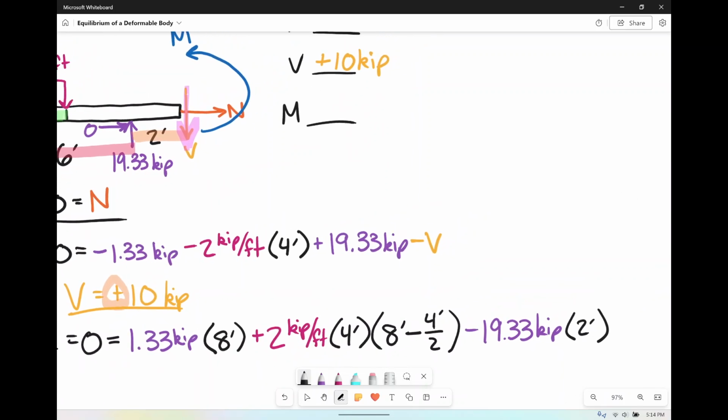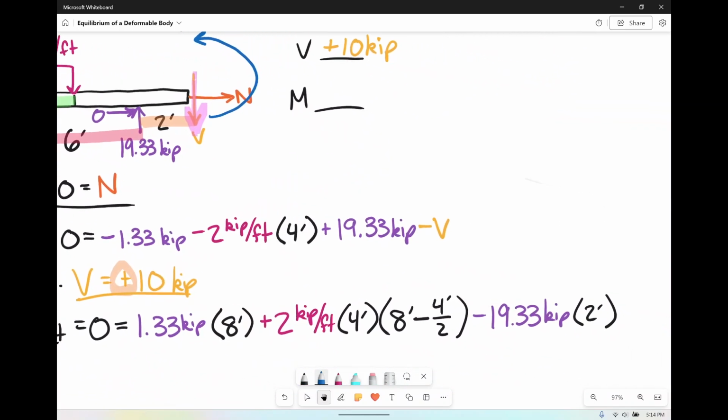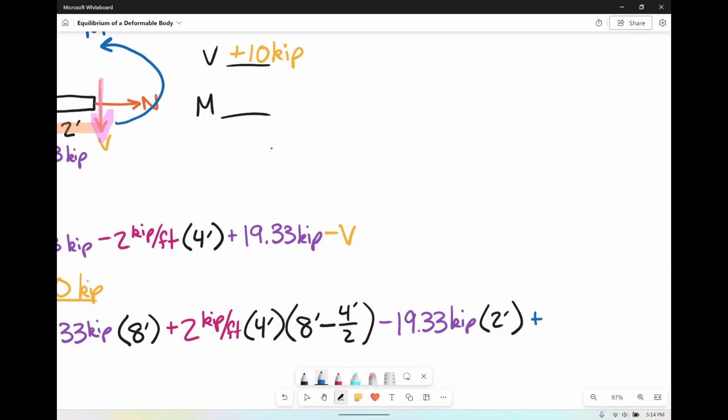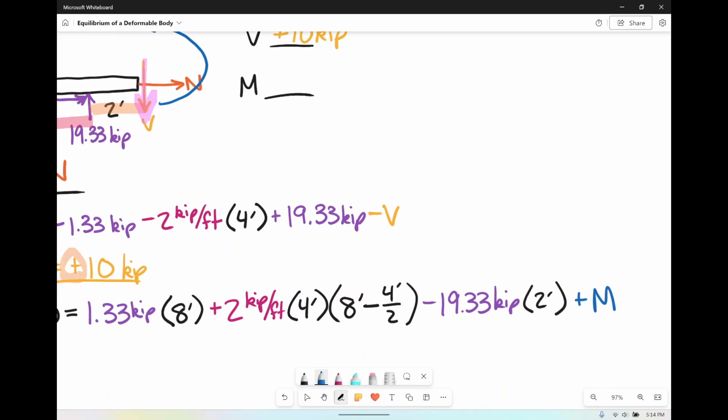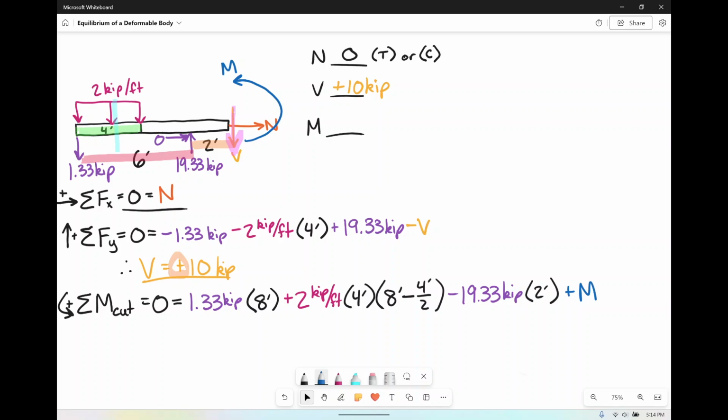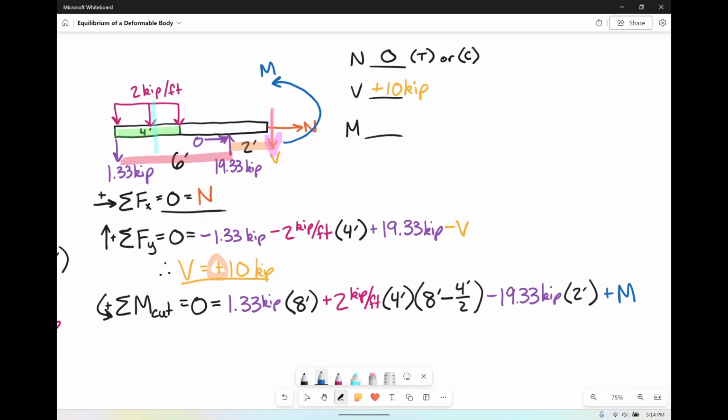And then lastly, we have our moment, M, and M is already in the positive direction. So all that's left to do is add M. So there's our long equation for moment. Solving that, we're going to get that our moment is equal to a negative 20 kip feet.